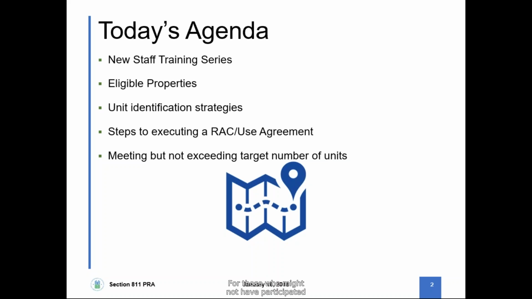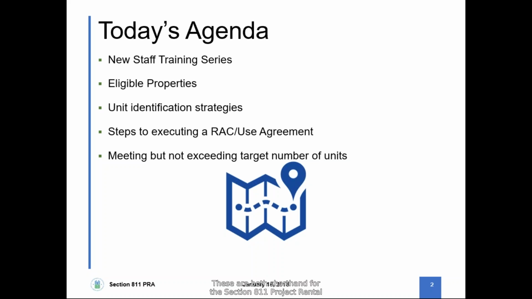For those who might not have participated in our last webinar regarding 811 PRA basics, I want to review some basic information. Let's start with some program terms you will hear. One is grantee, which is the state housing agency who was awarded the Section 811 PRA grant. The next is 811 PRA, sometimes referred to as 811, sometimes referred to as PRA.